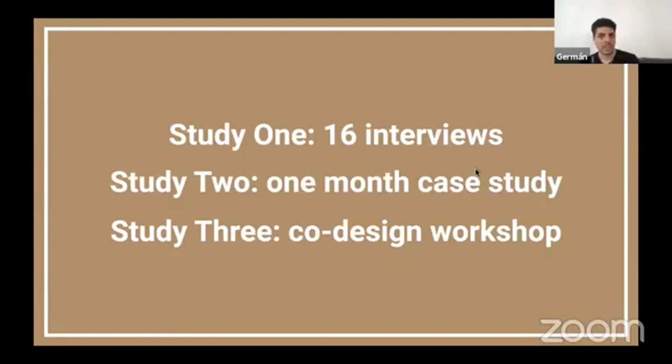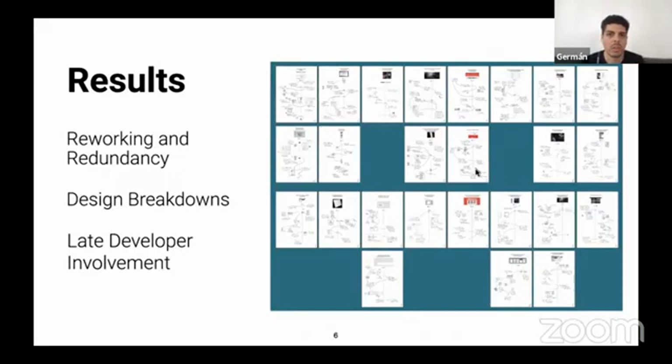To better understand their practices, we conducted 3 studies that we presented at CSCW and reported in much more detail in the journal publication. But here I will just highlight the main problems during the designer-developer collaboration. We found that the most common issues can be categorized in these 3 groups.